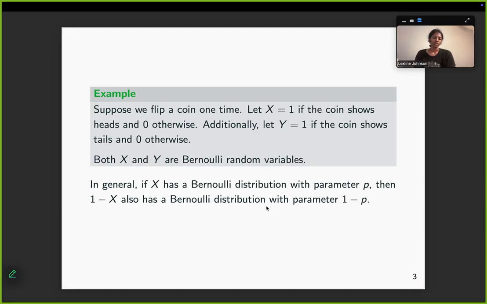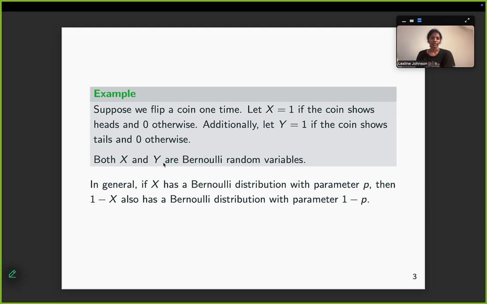We can choose the condition that counts as success, so for X it's heads and for Y it's tails, and both are still valid Bernoulli random variables. If X has a Bernoulli distribution with parameter p, then 1 minus X is also a Bernoulli distribution with parameter 1 minus p.